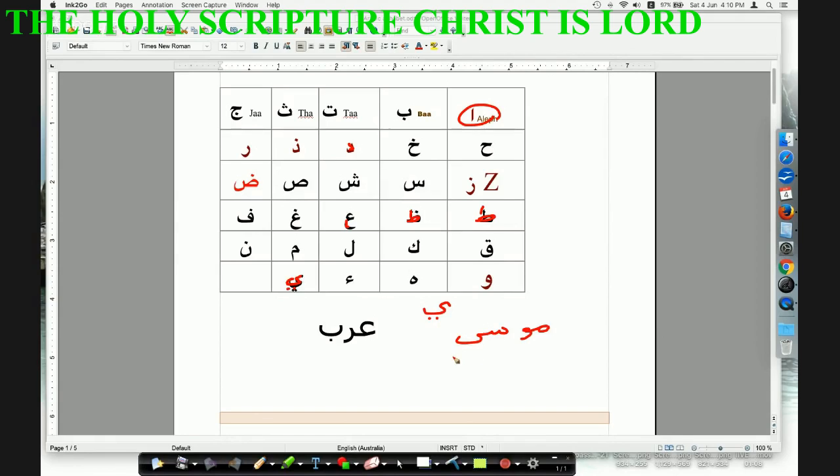This is Alif, but there are no dots. So Musa is a foreign name in Arabic, a Hebrew name. Because it's a foreign name, at the end it's written with Alif Maqsura, which is a short Alif. So you see how the Alif changed? The Alif is like this. Suddenly it became like this. But those are rare cases.